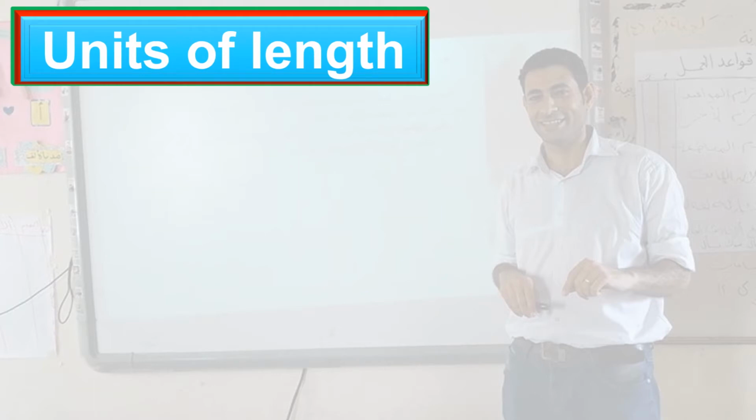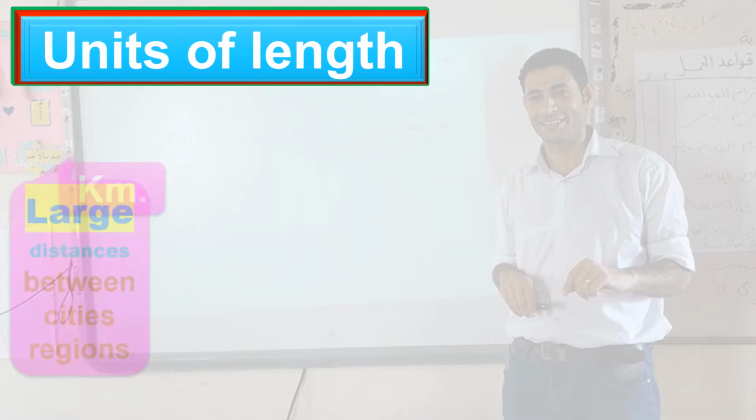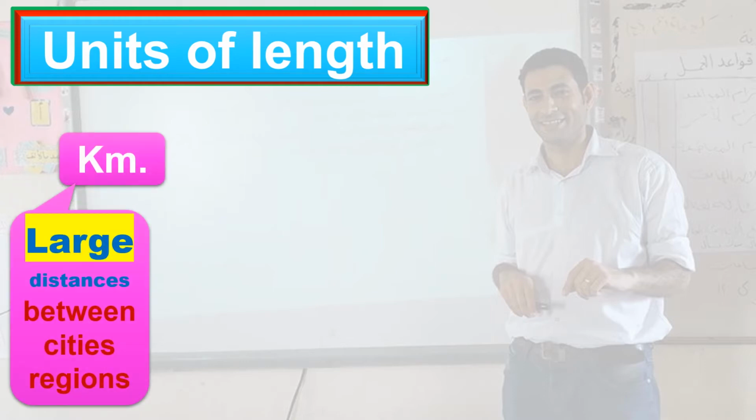Units of length. We will study here the units which we use to measure the length and how can we convert between them. First, kilometer. It's a large unit to measuring length. يعني دي وحدة لقياس المسافات الكبيرة.